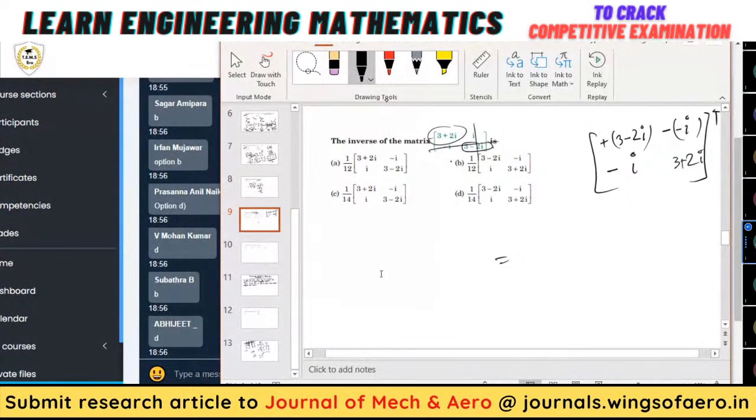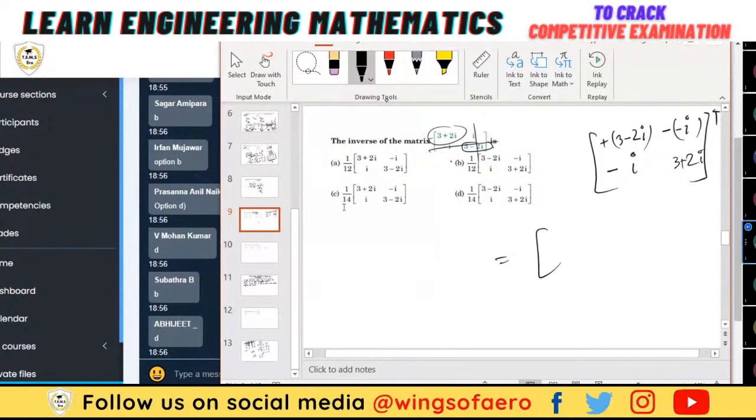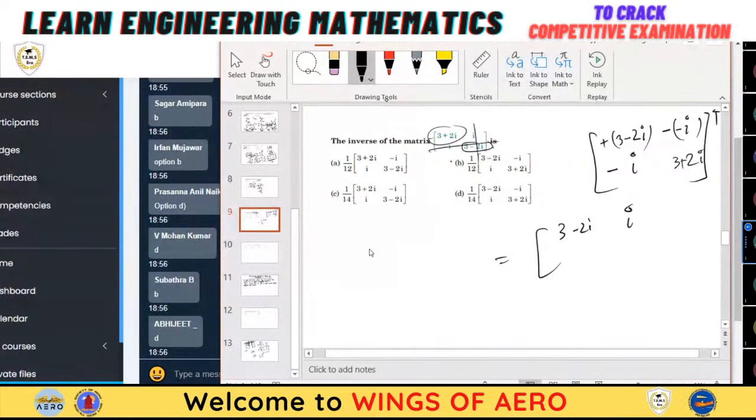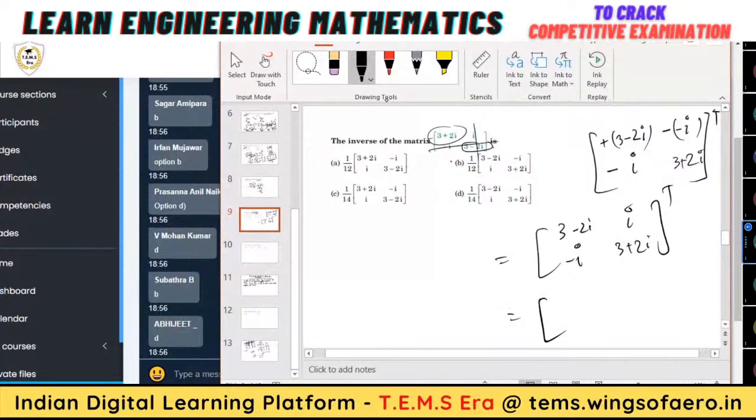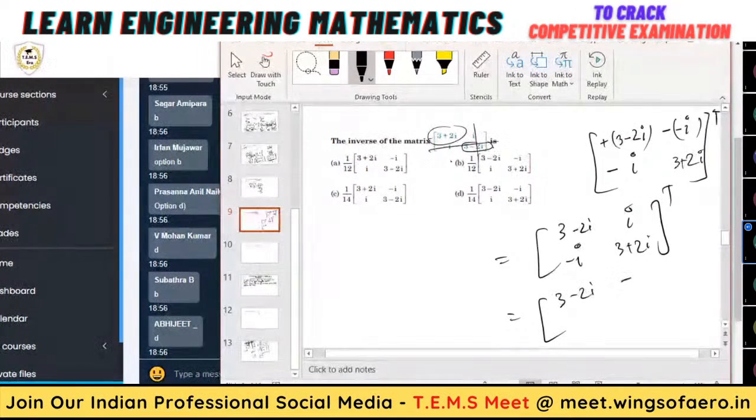So this is the original method to find out the inverse of a matrix. First we find out 3 minus 2i, i, minus i, and 3 plus 2i. Transpose, it becomes 3 minus 2i, minus i, and i, 3 plus 2i.